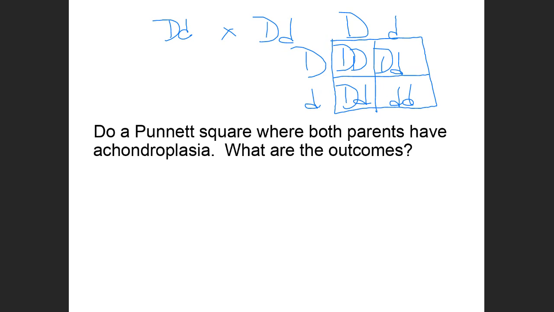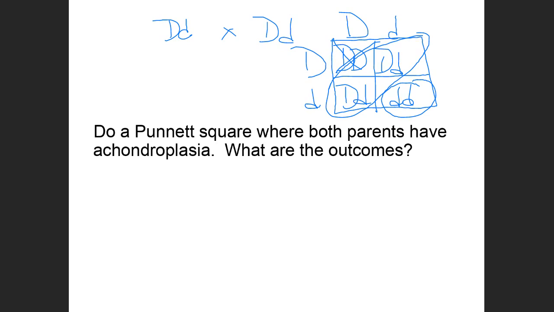So if one of the kids is born homozygous dominant, they die. They do not survive. That fetus does not develop. So you're only left with the dwarf, and then normal height.